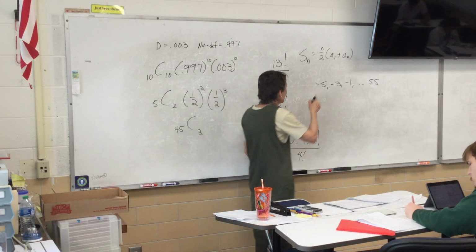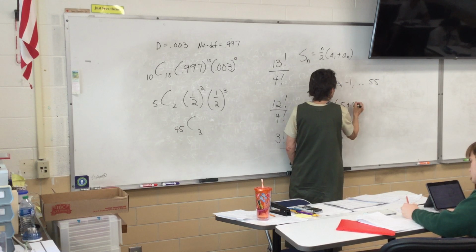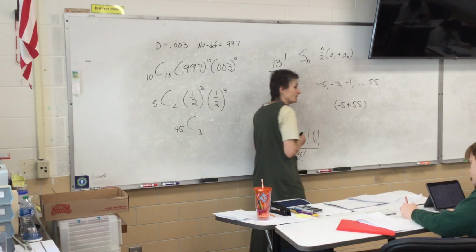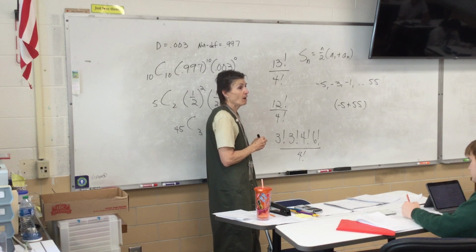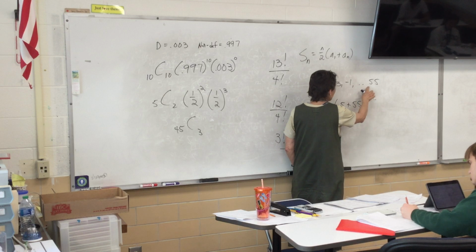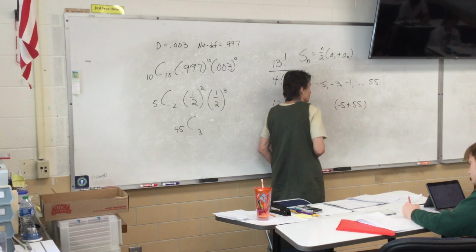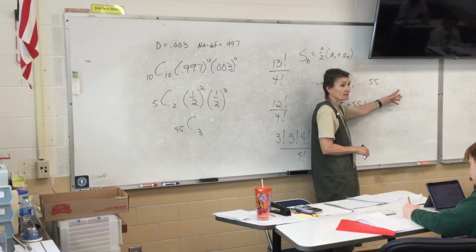So we know the first term is -5, and we know the last term is 55. What do we not know? How many there are. So we have a choice. We can start filling in and counting. That's certainly an option. Would be a bad option if this were 5,000 or something.